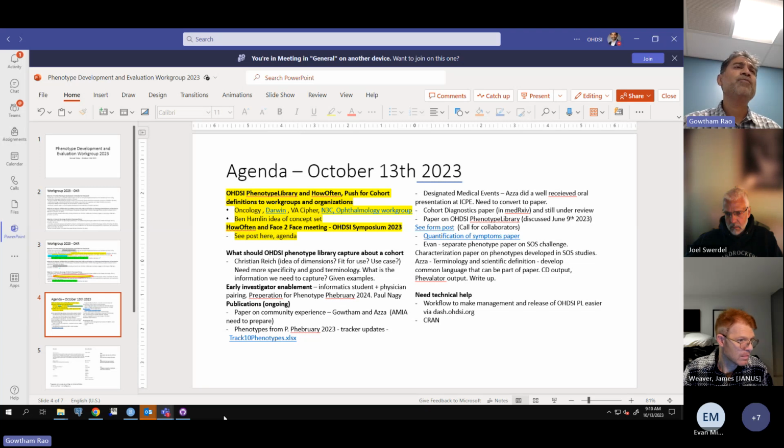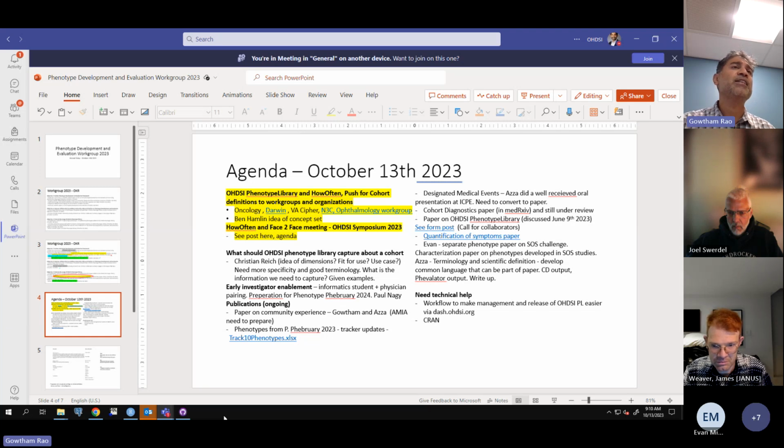We followed that framework and got significant contributions. A few contributors made the majority of the contributions, but we did get big participation. As part of the push, we worked with several groups, including the various clinical work groups that are part of OHDSI. That included the oncology work group, the ophthalmology work group, the perioperative work group that Evan leads, which is not listed here, and I think one more work group.